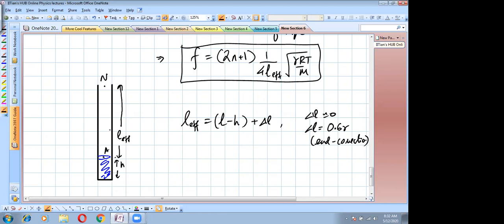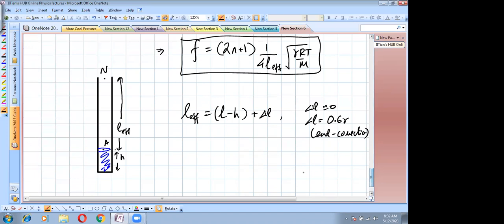If it is first overtone, then there are two antinodes and two nodes. Like that, if it is 2n plus 1, there are n antinodes and n nodes. So anyway, this becomes the formula.